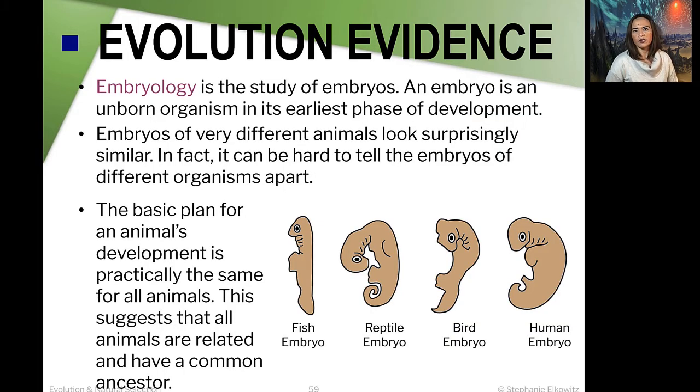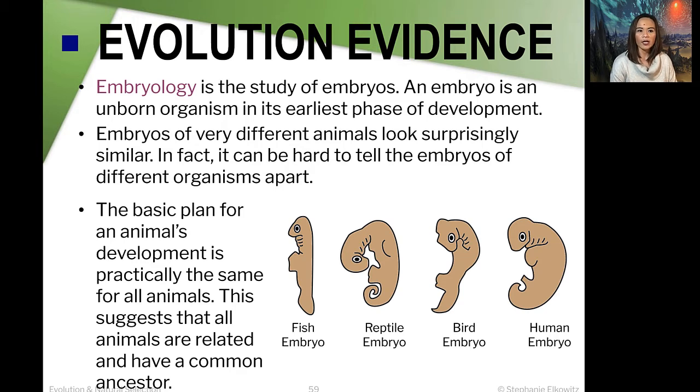Now, another piece of evidence is embryology. Embryology is the study of embryos. An embryo is an unborn organism at its earliest phase of development. Embryos of very different looking organisms surprisingly look similar, and in fact, it can be hard to tell them apart if you put them side by side as they are developing.